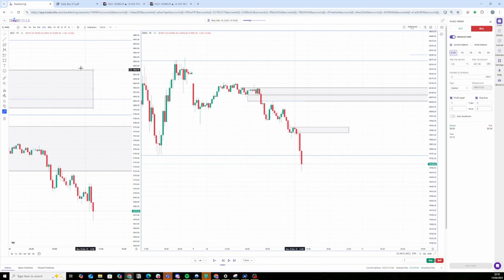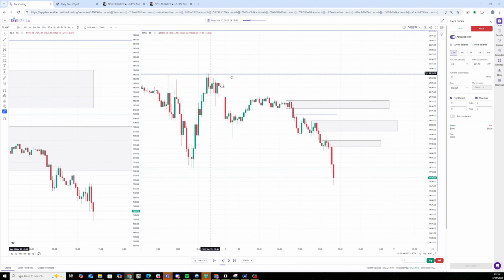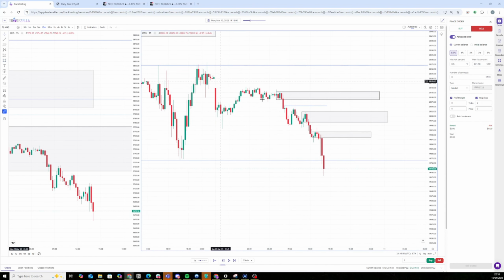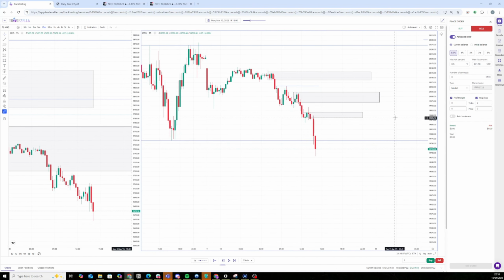Order block, order block. Let me delete this. Order block, order block. Okay, I hope that's clear. So it's the up close candle before a strong move down.